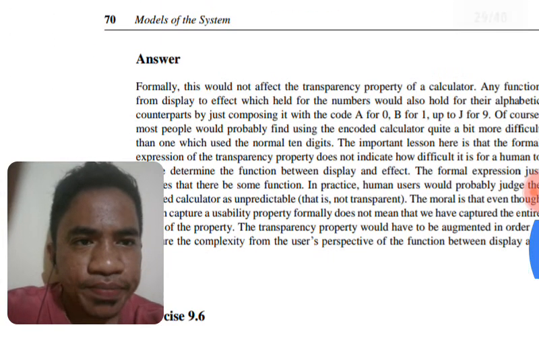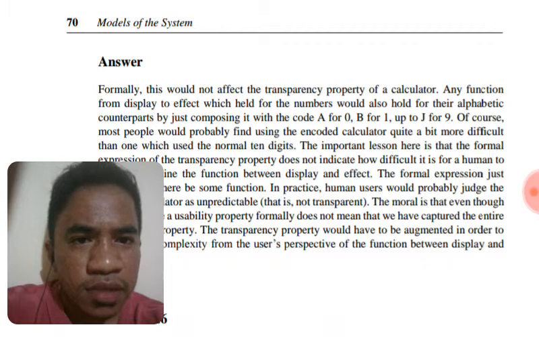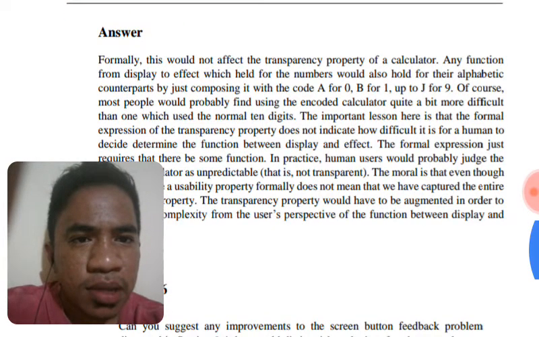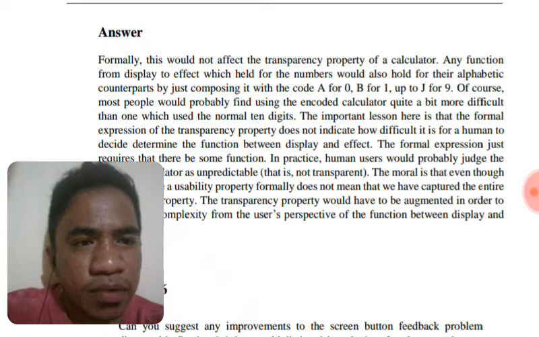Should it? Answer: formally, this would not affect the transparency property of the calculator. Any function from display to effect which held for the number would also hold for the alphabetic counterpart by just composing it with the encoding A for 0, B for 1, up to G for 9.